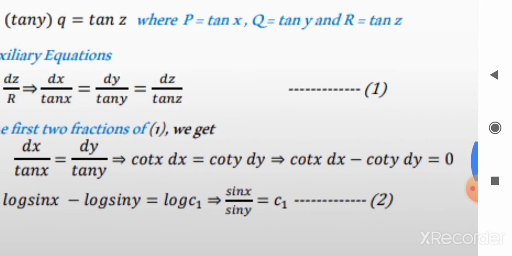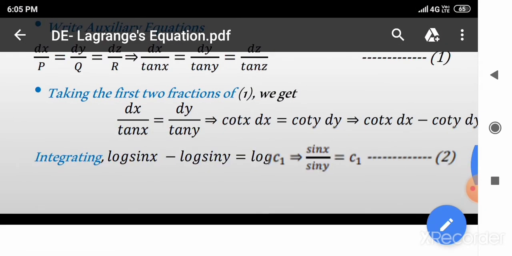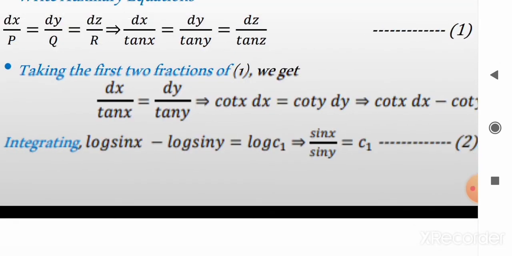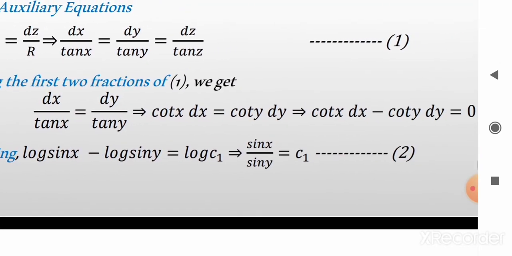Now we have to integrate this equation. The integration of cot x is log sin x and the integration of cot y is log sin y. So log sin x minus log sin y is equal to the integrating constant, that is a logarithmic constant, log c1.